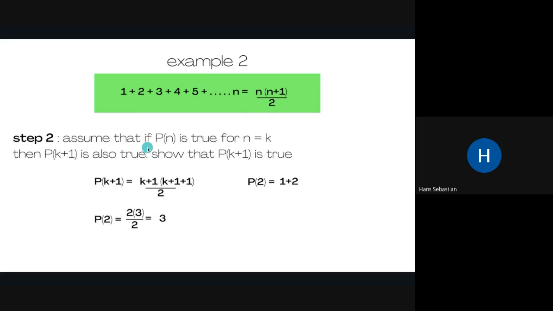So here k plus 1, k would be 1, so that would be 1 plus 1, and then you can see that the answer is 3, and if you also do it manually, which is just 2 plus 1, that would be the same. So at this point, we have proven via mathematical induction that the function works for any positive integer or any integer.